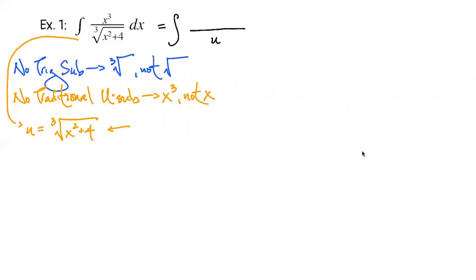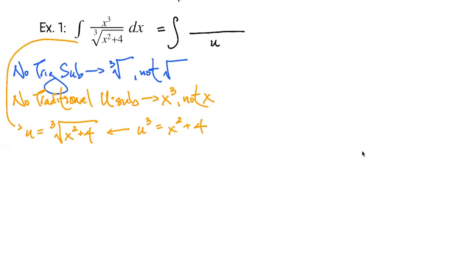I'm going to cube both sides, so I get U cubed equals x squared plus 4. Now one more step: U cubed minus 4 equals x squared. And we're going to save that for a little bit.